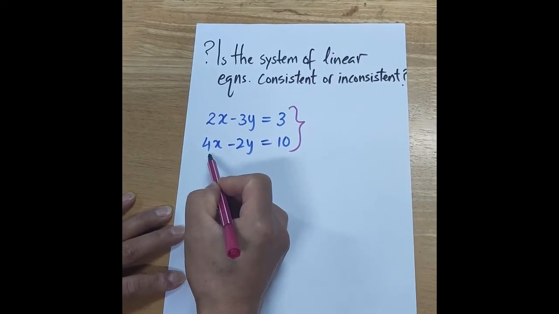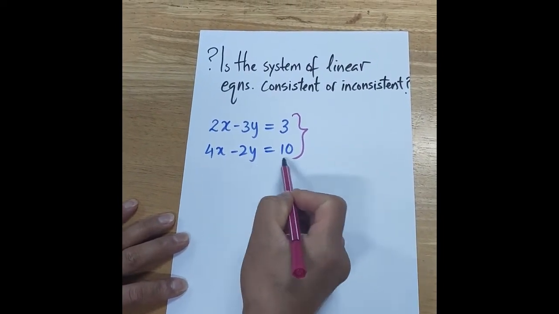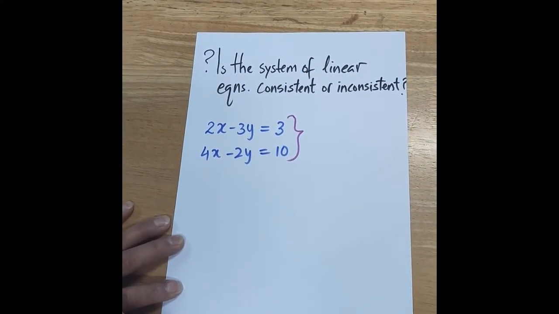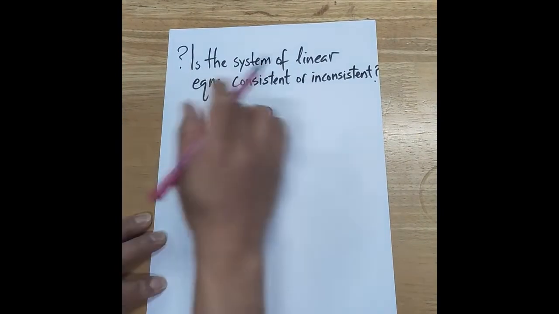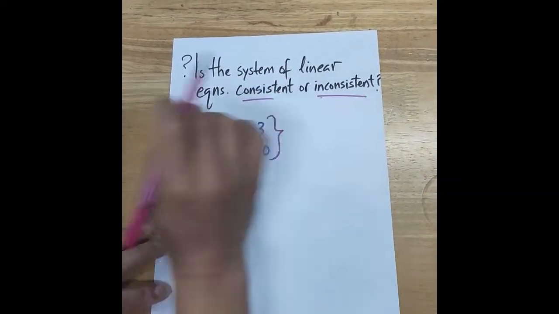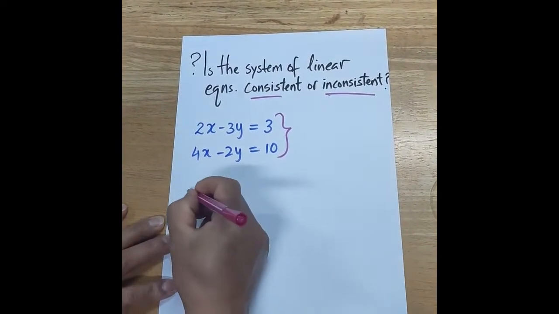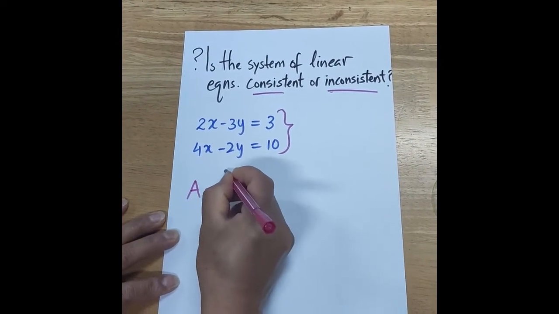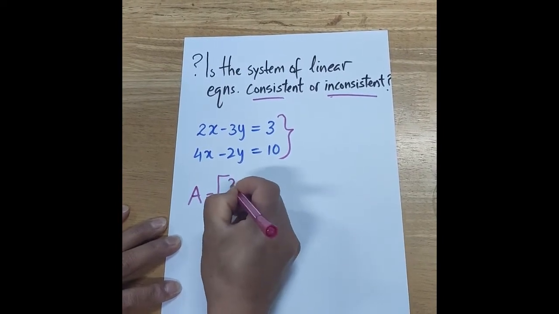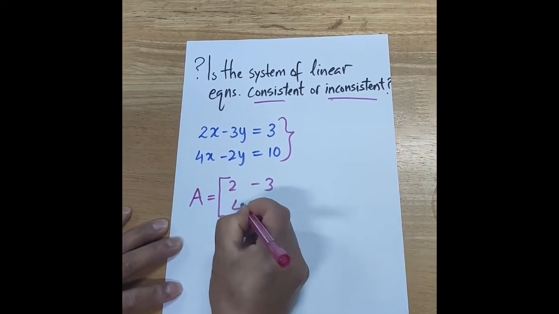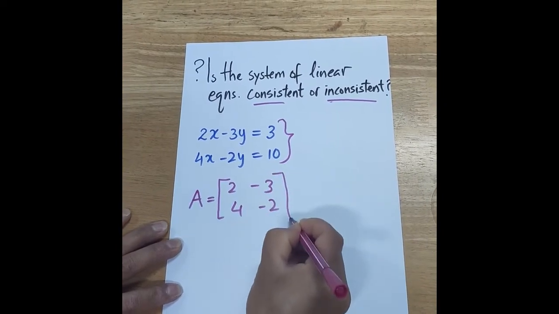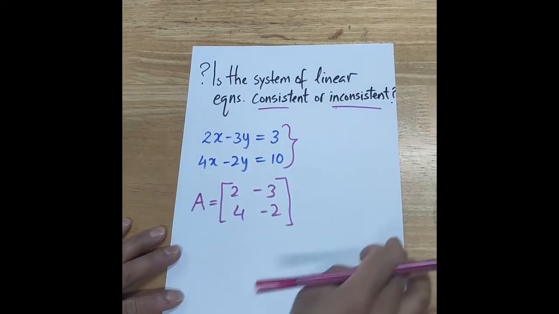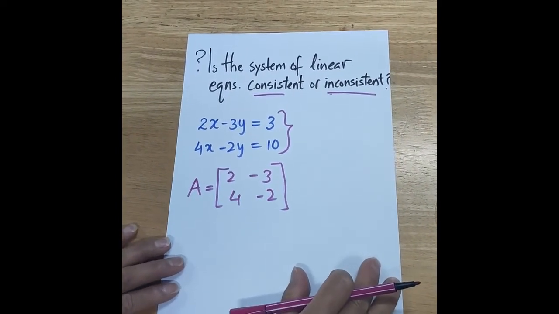And in the second equation, we have 4x minus 2y equals 10. To verify whether the system is consistent or inconsistent, the first step is to get the coefficient matrix A. So our coefficient matrix A is 2, minus 3, 4, minus 2. As you know, the matrix A is the coefficient of the linear equations.